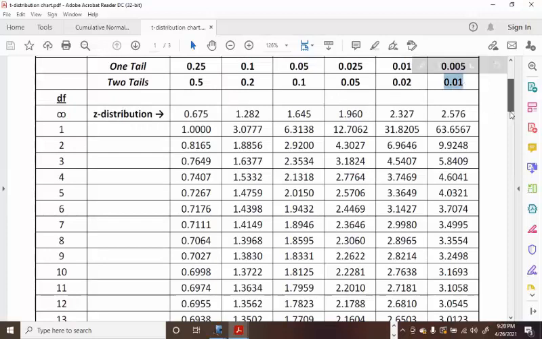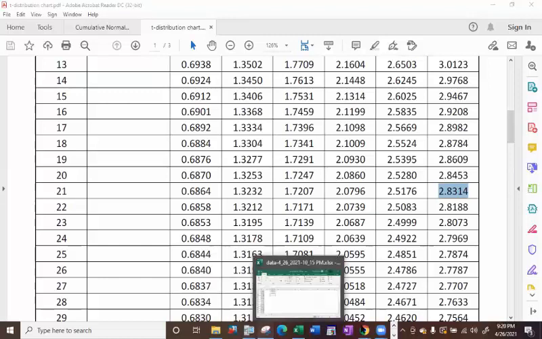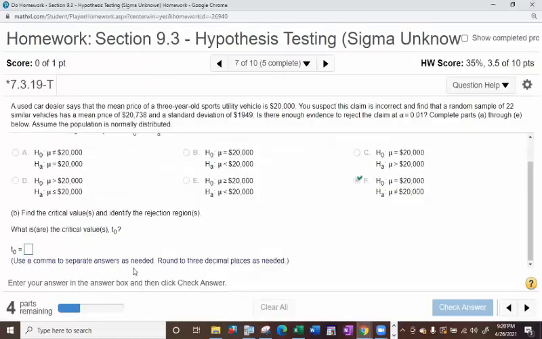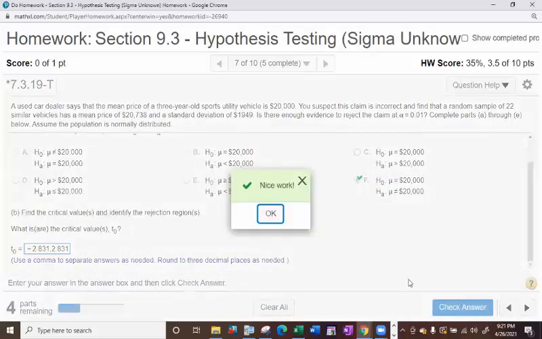Last column. 2.8314, so it would just be 2.831, negative and positive. Tremendous.